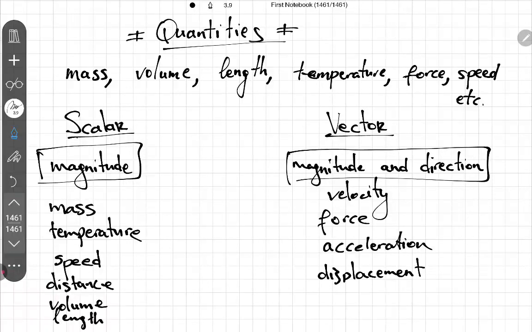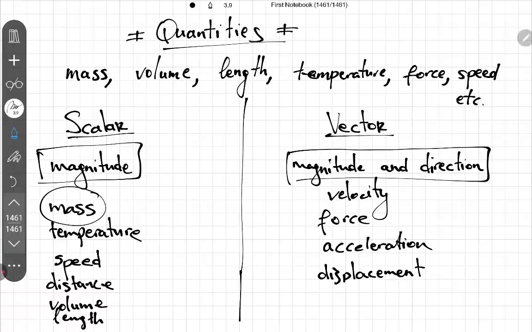Okay, students. Another difference between scalar and vector quantities: while we are talking about scalar quantities, for example, mass, we use some letters to represent any quantity, because in the formulas we don't write the total name mass.